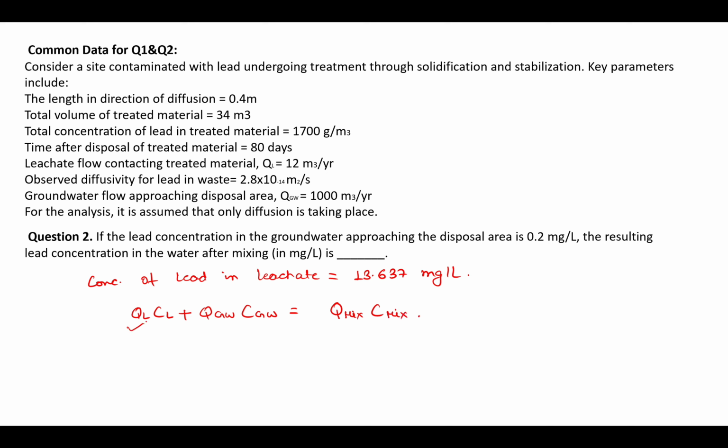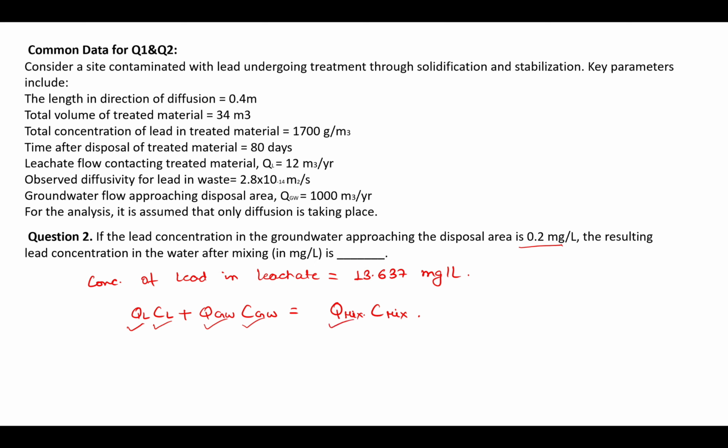No, 6.915 is not the correct answer. So we know QL, the leachate flow rate, is given. We have already calculated the concentration of the lead in the leachate. We know the groundwater flow rate. Concentration of lead in groundwater is given as 0.2 milligram per liter.